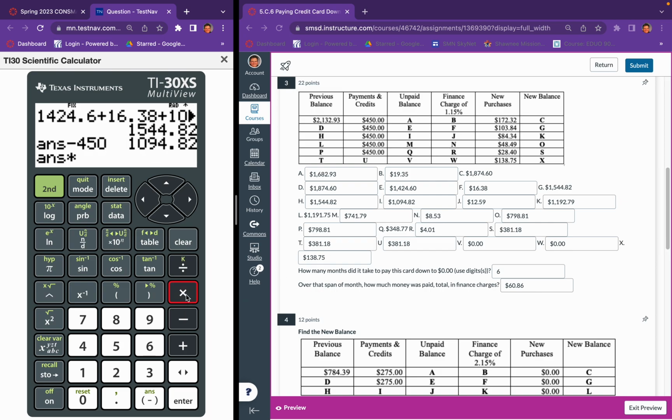And we're going to go times 1.15%. $12.59.